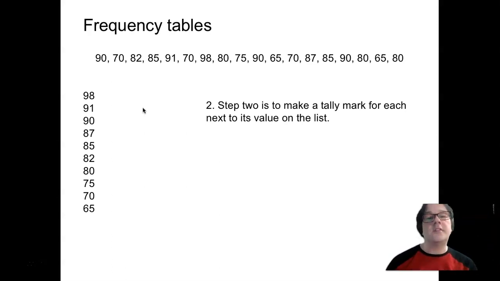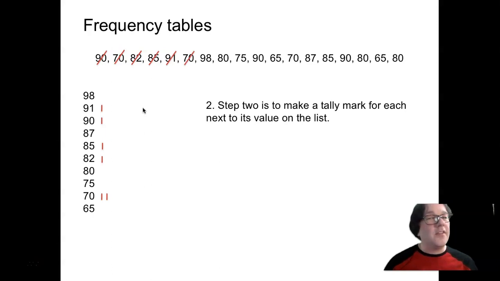Step 2 is to make a tally mark for each of these scores next to its value on this list. So we'll go through each of our exam scores. We got 90 there, so we'll put a little tally mark next to 90. 70, we got one of those, put it there. 82, 85, so on and so forth.